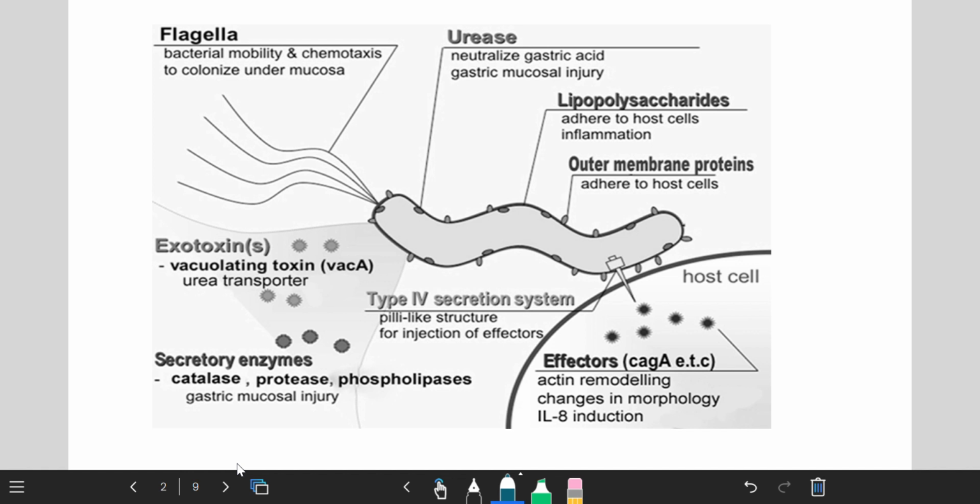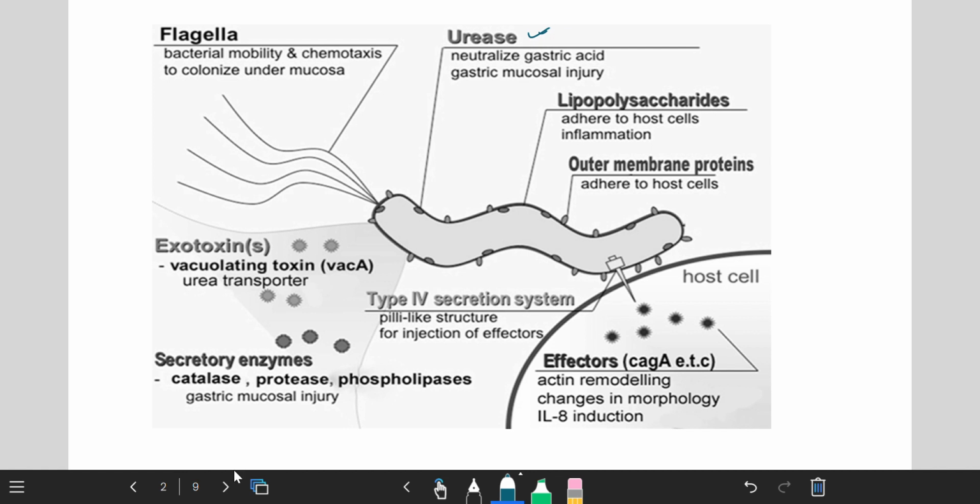For this purpose, it activates its cytoplasmic urease. You can see in the picture cytoplasmic urease which converts urea into carbon dioxide and ammonia. And this ammonia neutralizes the gastric acid and creates a less acidic environment which helps the bacteria to survive in the gastric acid.